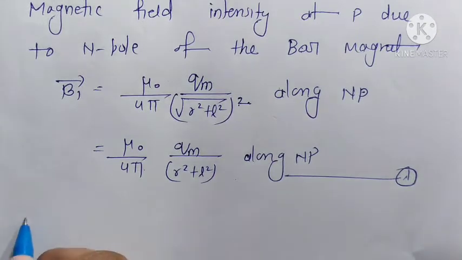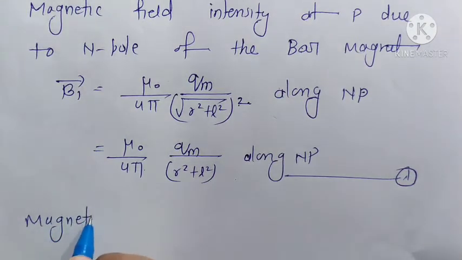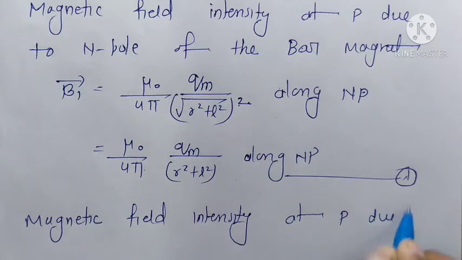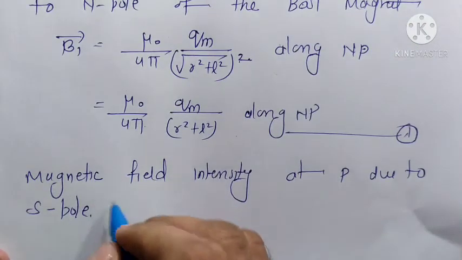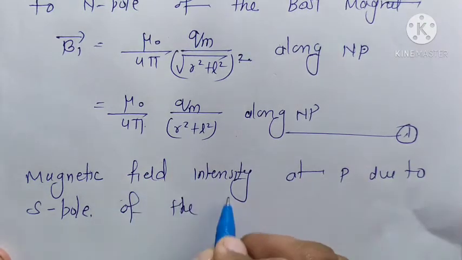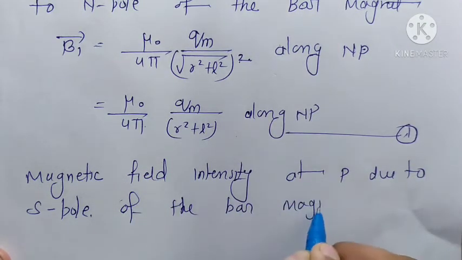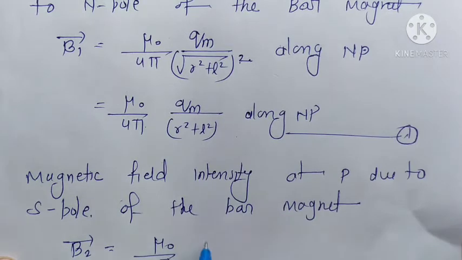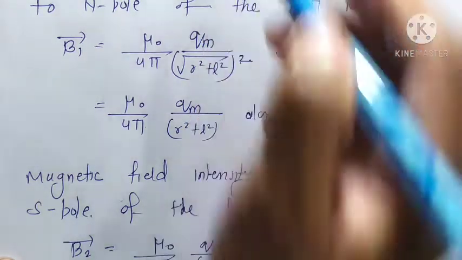So the magnetic field intensity at point P due to the south pole of the bar magnet is B2, equal to mu naught by 4 pi, qm by R square plus L square, along which direction?